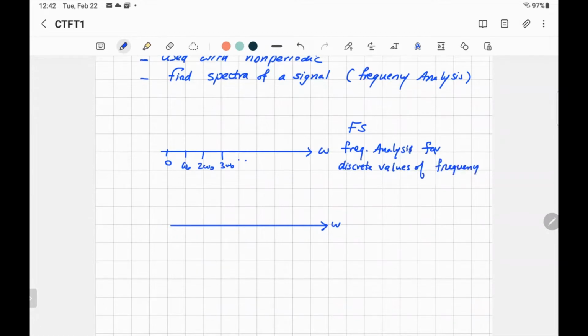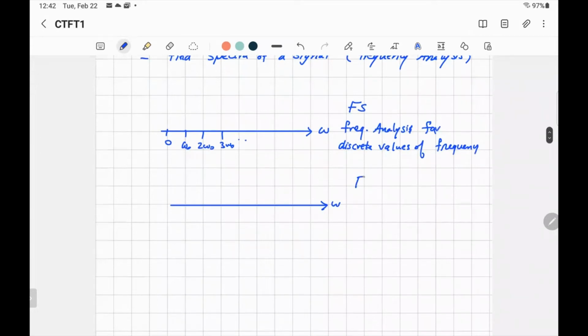But the Fourier transform can be applied to continuous time signals and discrete time signals, and now we are working with continuous time. So the frequency analysis is for all real values of frequency.